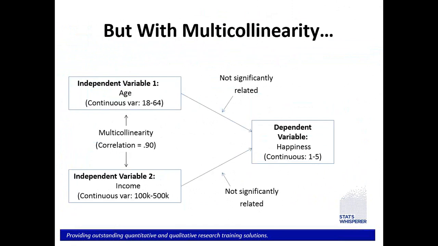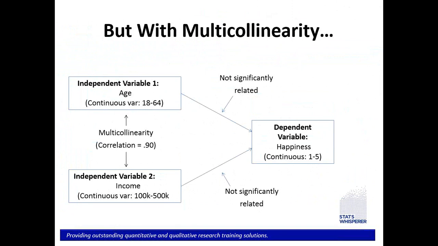However, the high correlation between the two predictors, between age and income, might mess up the analysis, where they cancel each other out. So then it looks like neither one is significantly related to happiness when they both really are. It looks like neither one is because the two predictors are kind of fighting amongst themselves, right?